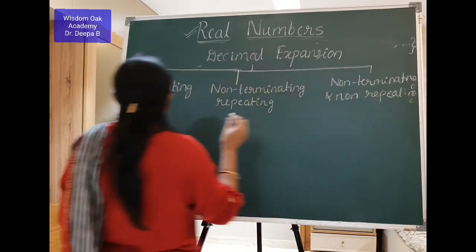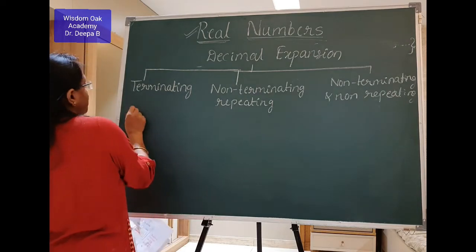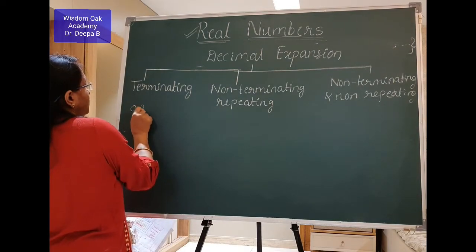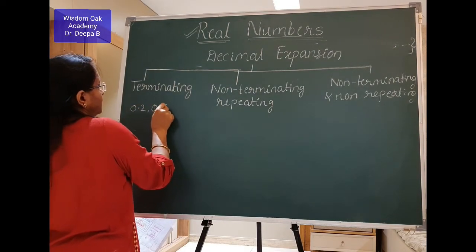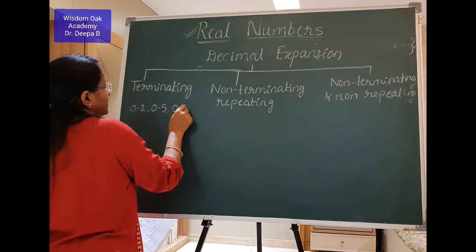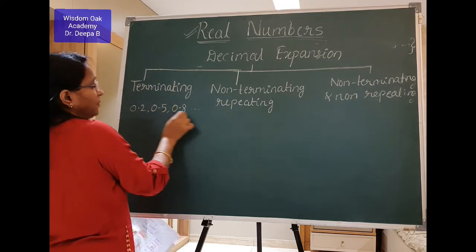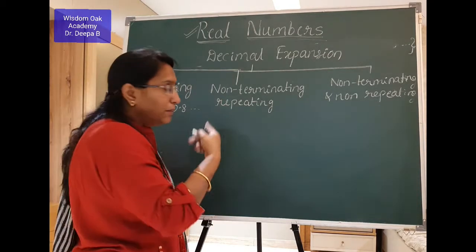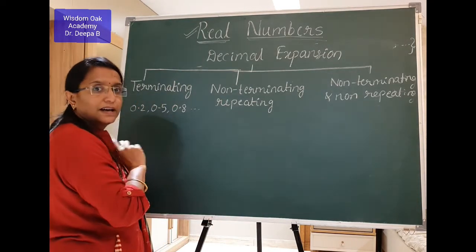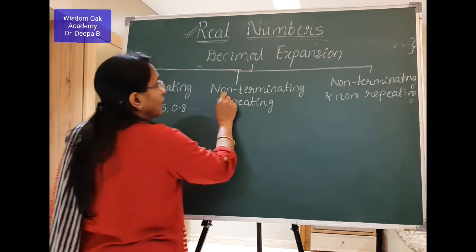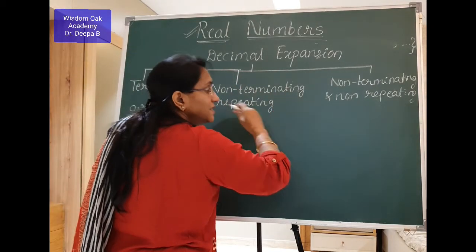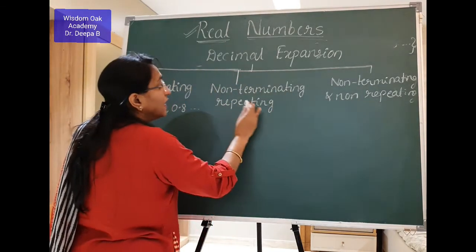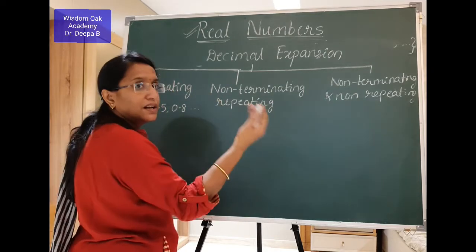Okay, so here terminating decimal means, for example, 0.2, 0.5, 0.8. These are all called terminating. Means 0.2, it's over, the division is over. You will get 0 as the remainder. But non-terminating means it is continuous, but repeating means the terms are repeating.